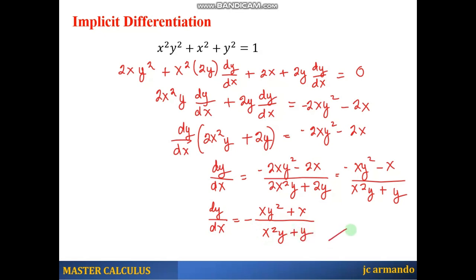So dy dx equals negative of xy squared minus x... Sorry, correct. Negative of xy squared minus x becomes plus x, over x squared y plus y.